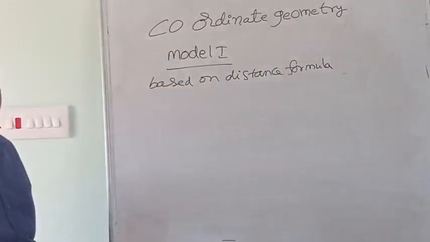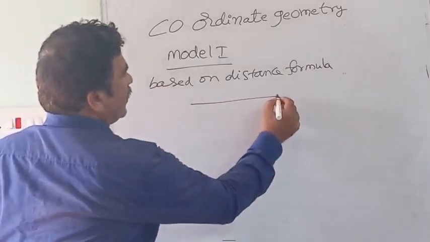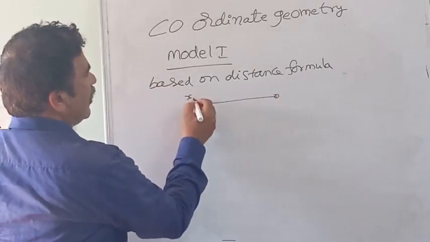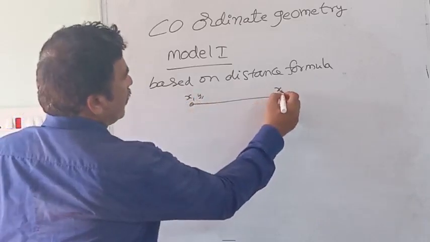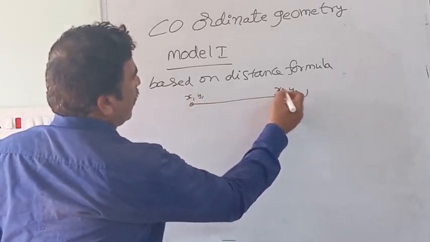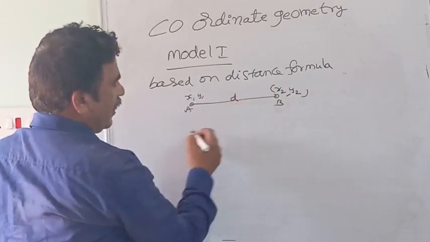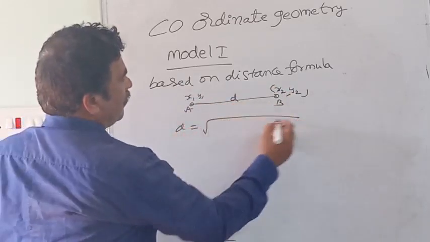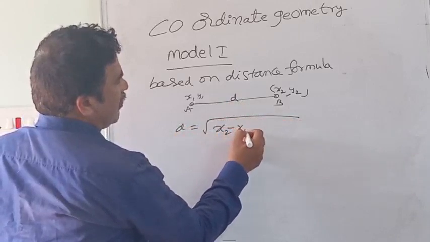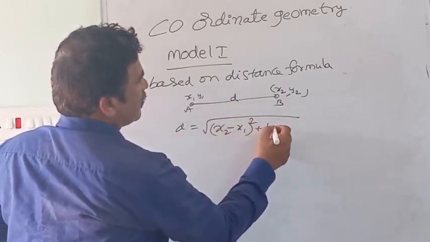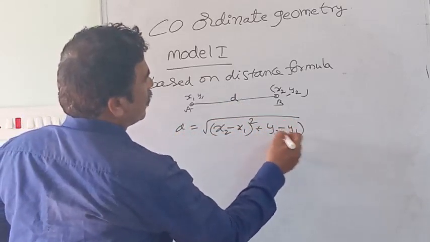You already know the distance formula, everybody knows. x1, y1 is a point, x2, y2 is another point, let them be A and B. The distance d formula is root of (x2 minus x1) whole square plus (y2 minus y1) whole square.